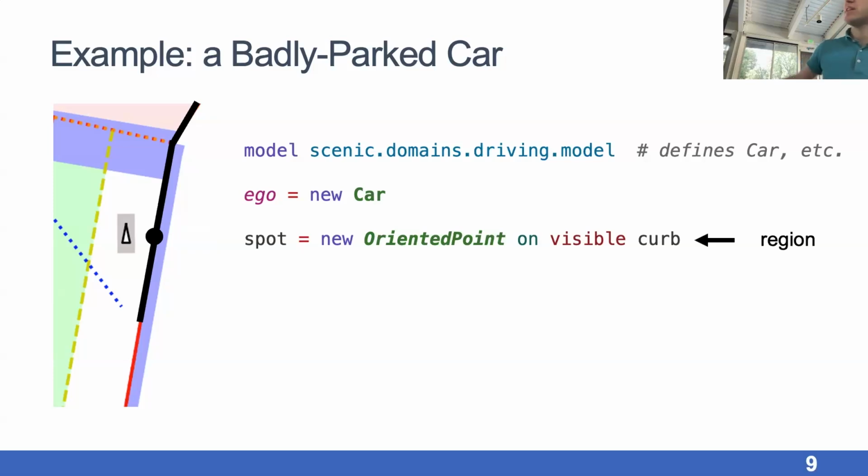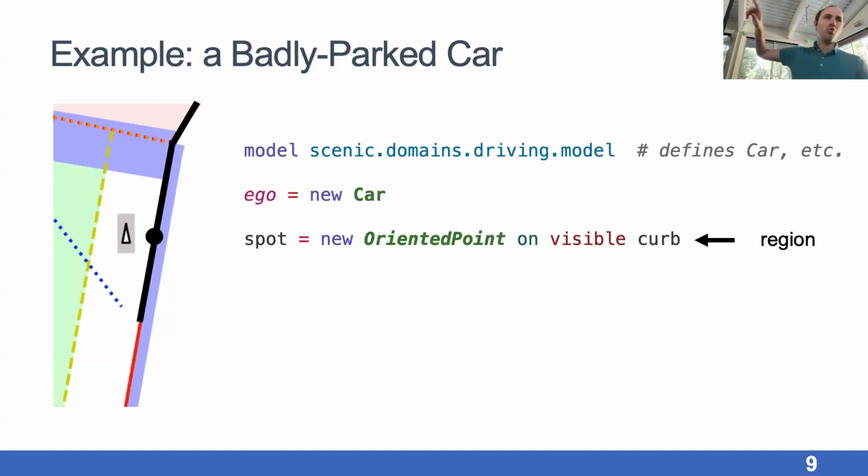And how that's done in the Scenic code is first we're starting with this region curb. So region is a primitive data type in Scenic representing some region in space. And the driving model, which we've imported, defines the curb region by loading in a map of the road network in a standard format called OpenDrive.